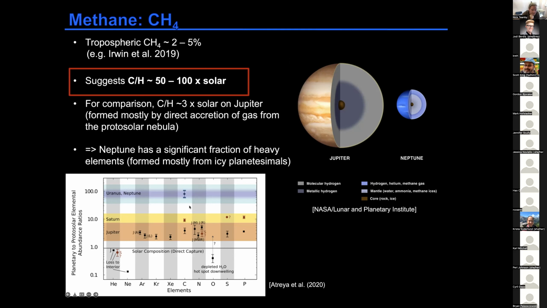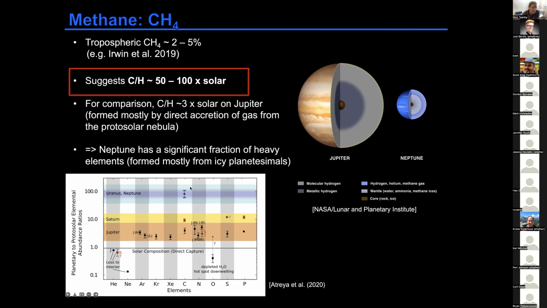Also in 2020, where we're plotting the relative enrichment ratios of various species. And you can see that's all we have at the minute for Neptune, just this one data point from methane, whereas for Jupiter we've got a lot of things, and Saturn too, we've got a couple more bits of information, but we're a bit limited.